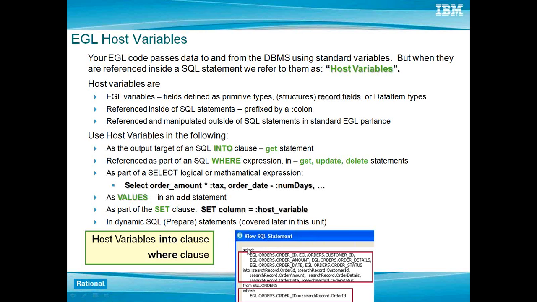We have an example given here at the bottom. We have a select statement selecting a couple of columns from two or three tables. In the where clause, we have one condition. We are checking for EGL orders.orders ID equal to, and then we supply a host variable after the equal sign: colon searchRecord.orderID. So searchRecord.orderID is our external variable, our host variable.